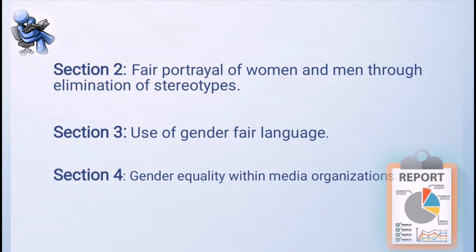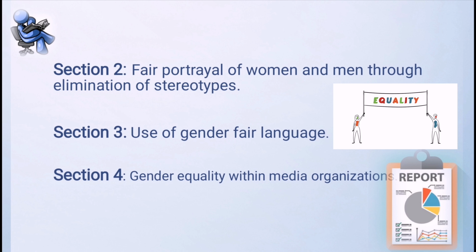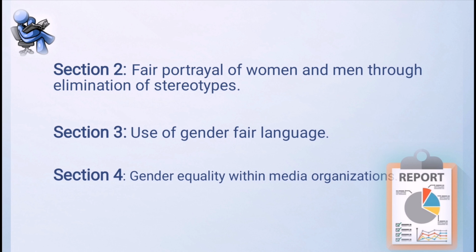Therefore, it is important that reporting avoids any form of gender stereotypes, which often limits and trivializes women's and men's roles, as well as representing an inaccurate view of the world and its possibilities. The third one is use of gender-sensitive language.